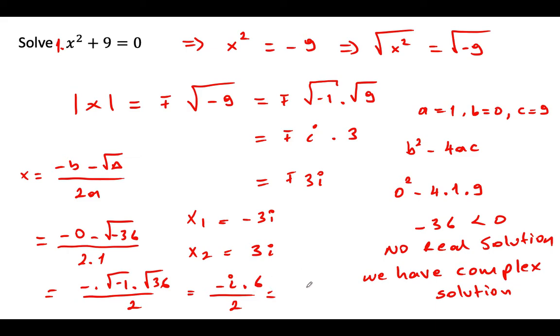If we simplify, it will be negative 3i. So x1 is negative 3i. For x2, we put plus instead of minus, so it will be positive 3i. So by using the quadratic formula or the normal way, we got the same result.